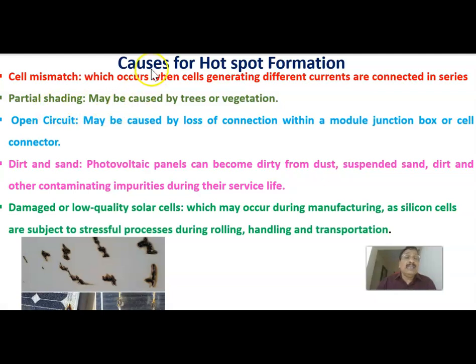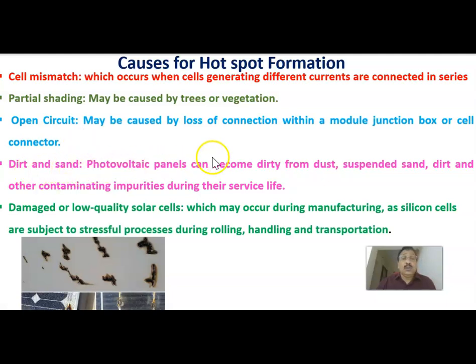Now, apart from partial shading, the other causes of hotspot formation are, first, cell mismatch. If cells generating different currents are connected in series, that will cause hotspot formation. Then partial shading, as I already explained. Then an open circuit may cause loss of connection within the module junction box, a mechanical connection fault, and that will cause a hotspot.